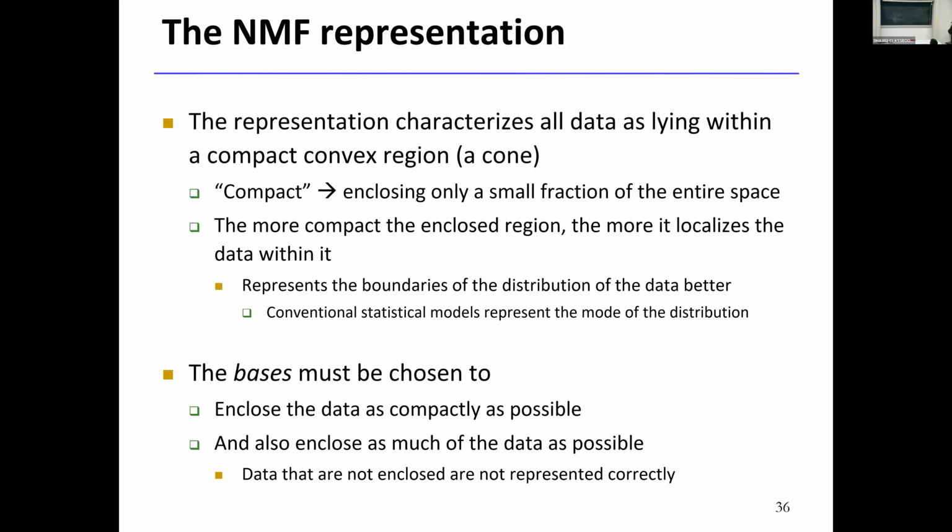They want to capture as much of the data as possible. Whereas NMF is trying to make sure that all of these can be composed non-negatively. So it's actually trying to compose the boundary of these data points. So statistically, the two are very different. Your standard techniques try to capture the mode of the data. These non-negative compositions try to capture the hull, the boundaries. So it characterizes distributions through the boundaries.